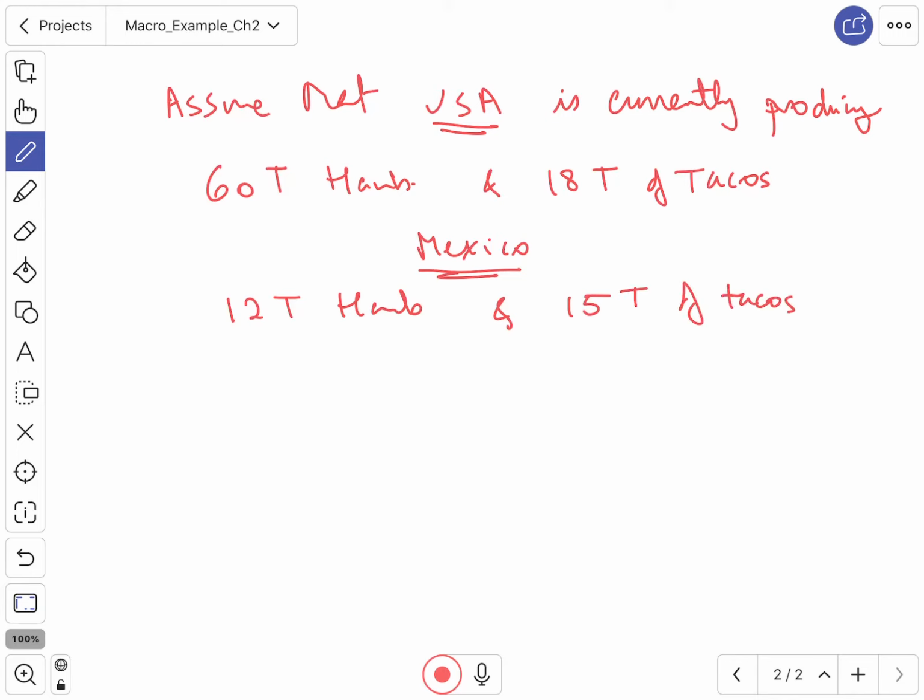So we actually want to know if each of these countries specializes in the production of the good in which it has a comparative advantage. So that means USA will specialize in the production of hamburger and forget about tacos, and Mexico will specialize in the production of tacos and forget about hamburgers.